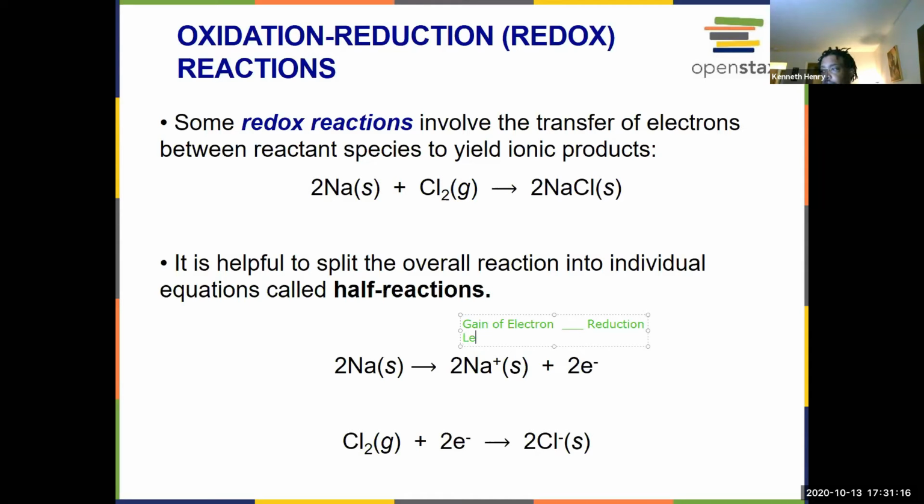If you're losing, you're going to be oxidizing, or oxidation, okay?